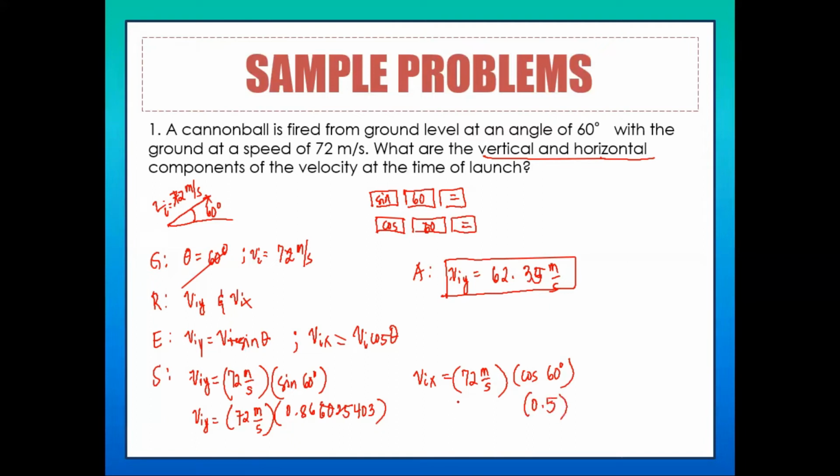Okay, so you have to use calculator and multiply that to 72 meter per second. So our answer for v sub ix is, times 72, that gives you 36. Okay, and the unit is meter per second. So this is your horizontal component velocity. Now we're done solving this problem. So that's how we use the trigonometric function, particularly the sine and the cosine. So let's have second problem.